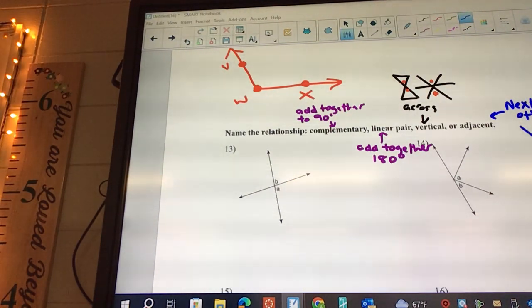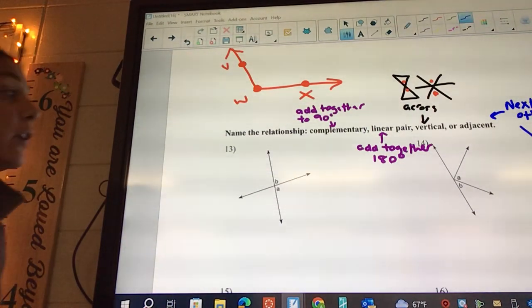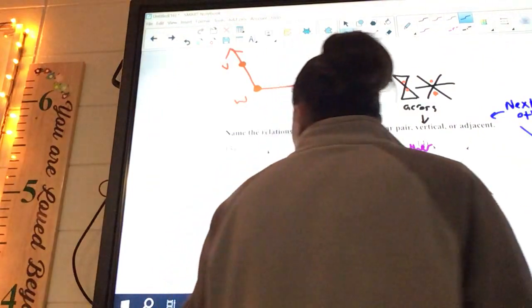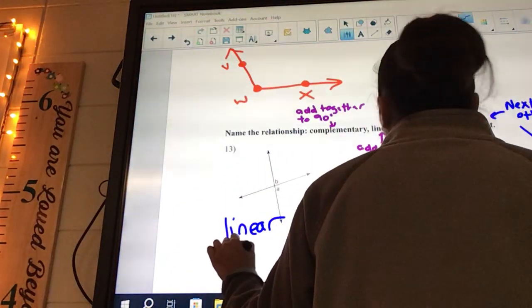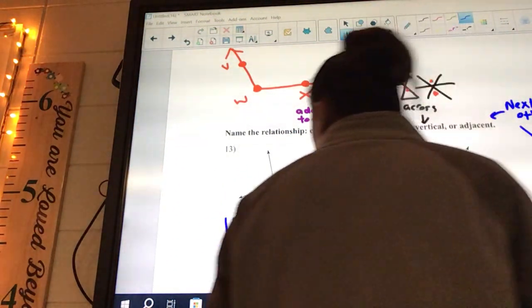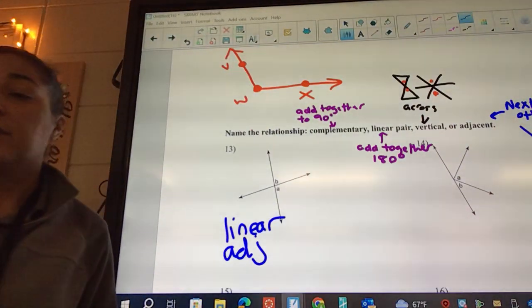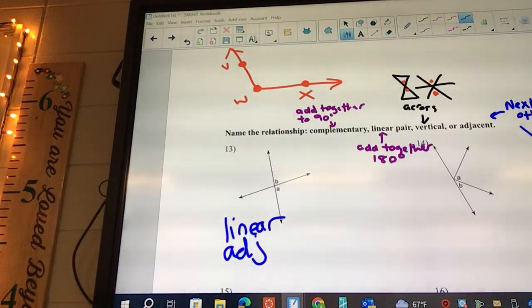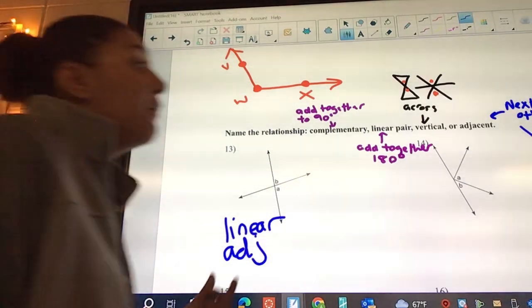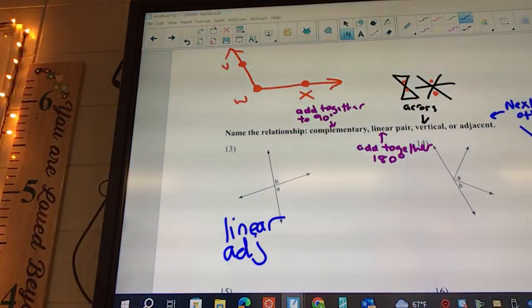No. Are they right next to each other? Yes. So this one could be linear, and it could be adjacent. So you kind of just got to run through these and know. Some you're only going to have one option, and some you're going to have maybe 2 options.